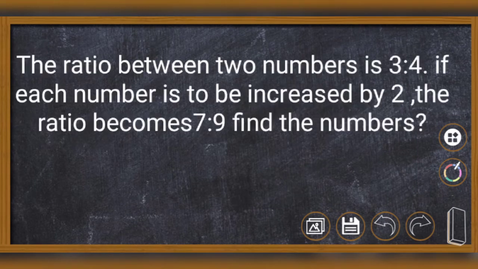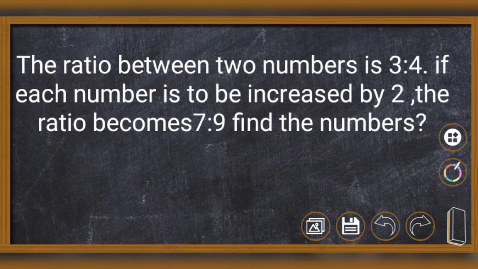So we will move on to the first question. The ratio between two numbers is 3:4. If each number is to be increased by 2, the ratio becomes 7:9. We have to find the numbers. Here the initial ratio and the final ratio are given, and each number is increased by 2, so x is equal to 2.